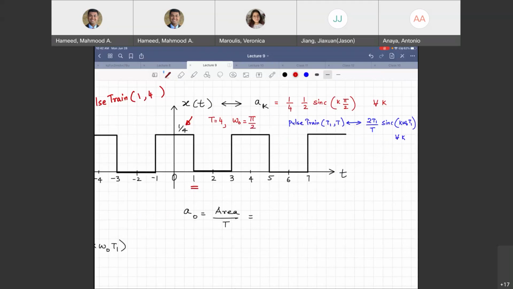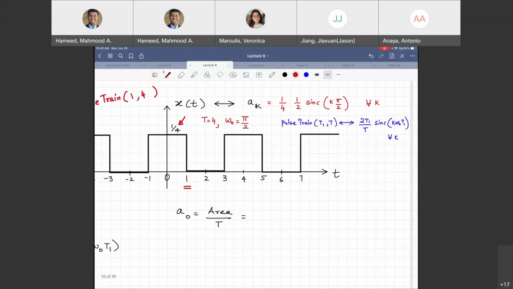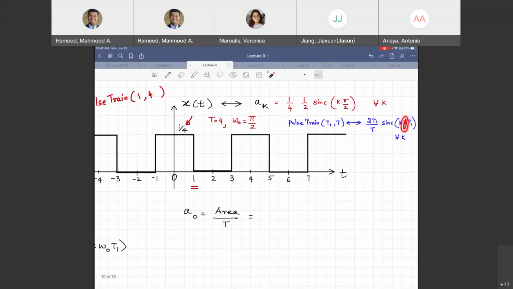So that went over here, and we got k pi divided by 2. 1/4 came in from here. 2T1 divided by T became 2 times 1 divided by 4, so that became half. Then sinc k pi over 2: sinc k omega naught T1, sinc k times pi over 2 times 1.